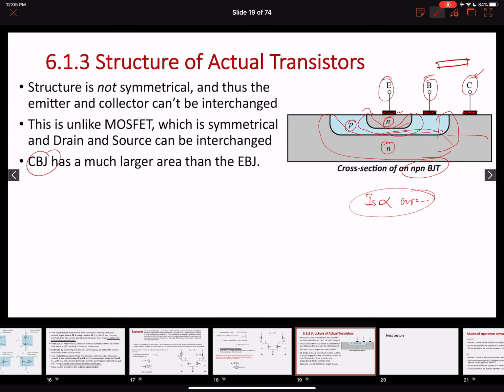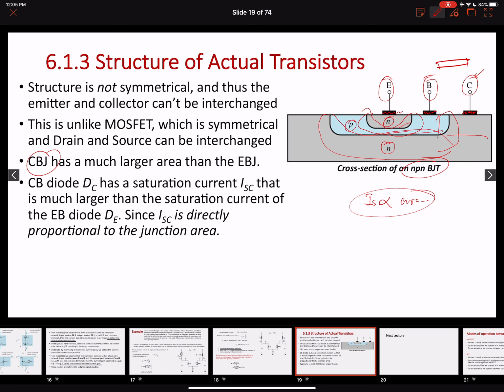So the saturation current for the collector to base junction is going to be much larger as compared to the emitter to base junction, right? So this collector to base junction CB we can label as diode C. So the saturation current for diode C, ISC, is going to be much larger than the saturation current for diode E, because the area for the collector to base junction is much larger than the area of the emitter to base junction.